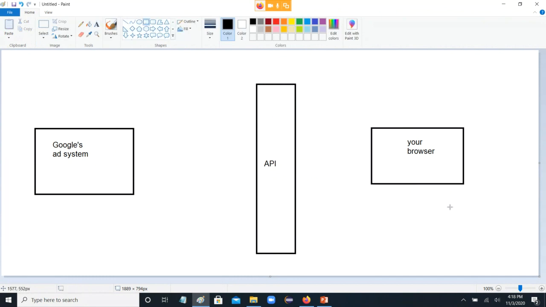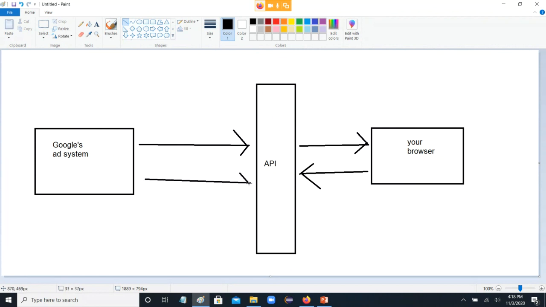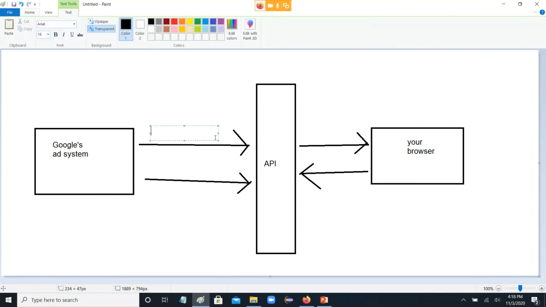Now, the thing about the API is it's going to ensure that both sides are speaking in the same language. Okay, I'm going to draw a couple arrows. So, for example, one of the things that Google sends to the browser is the ad. Okay, so it sends the ad, and it also sends the link embedded in the ad.